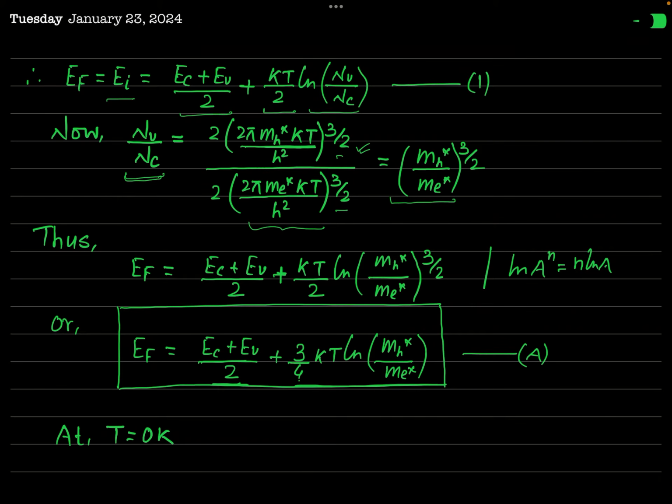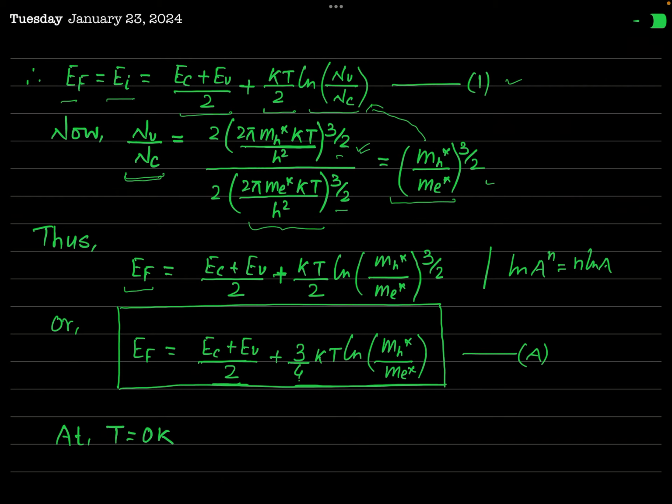So in the expression for EF defined in equation 1, instead of Nv over Nc, you can write (mh star over me star) whole to the power 3 by 2. So replacing Nv over Nc by this value, the expression for the Fermi level, particularly in case of an intrinsic semiconductor, is now given like this.